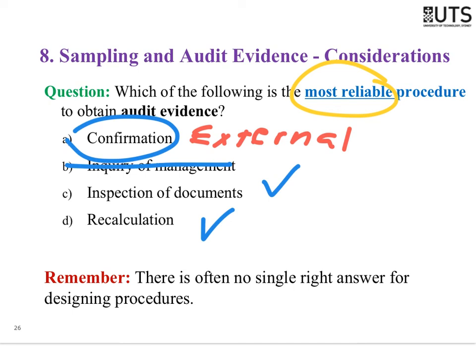Why? Risk of manipulation. With confirmations, the client is not involved at all. So we draft up the document as the auditor, we send it to the third party, and the third party responds directly back to us. The client is not involved at all.